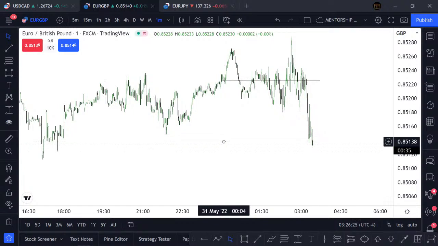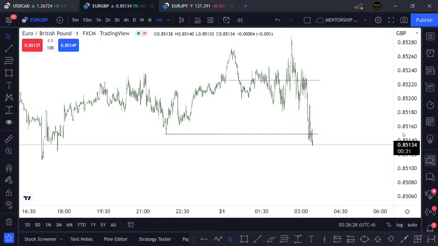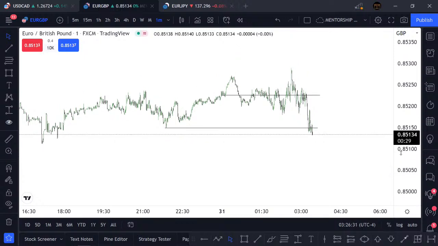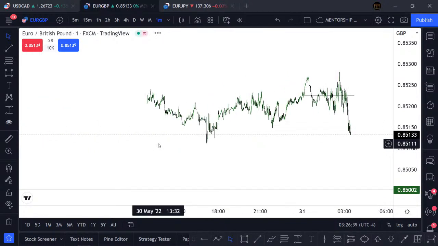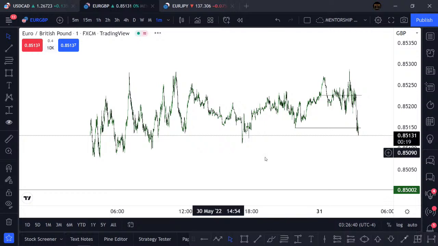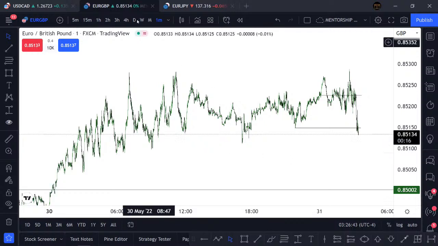Okay, so let's look for the other level. So let's go ahead and look for an institutional level below that level. Wow, this is too far. It's the 0 level. That's too far. Okay, no worries.